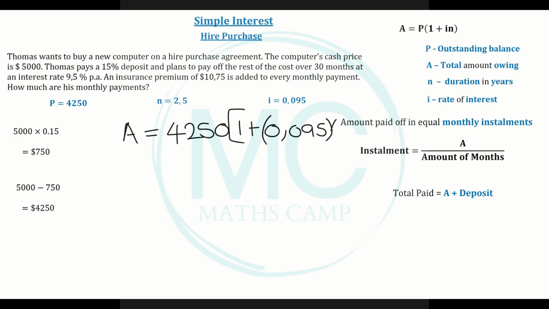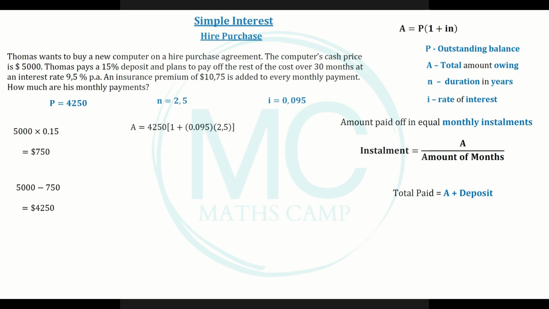Multiply by N, 2.5, and then we can close our bracket. Inside the bracket, if we multiply 0.095 and 2.5, and then we add 1, we get 1.2375.